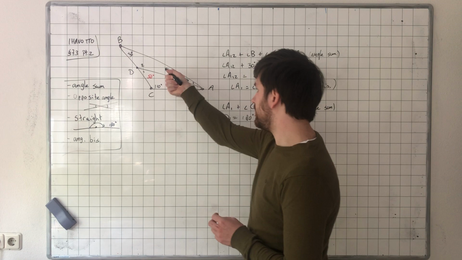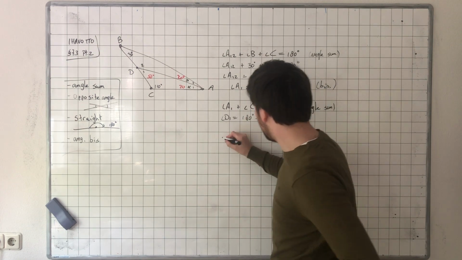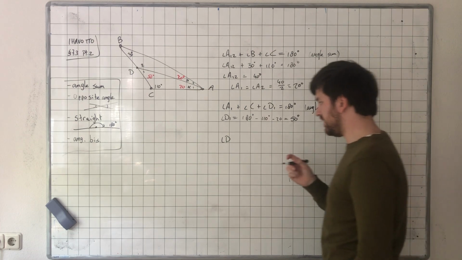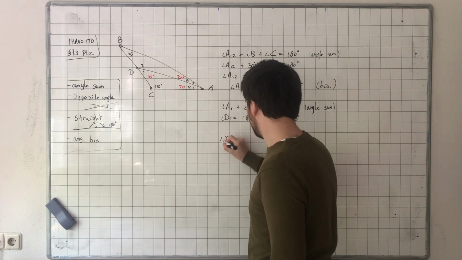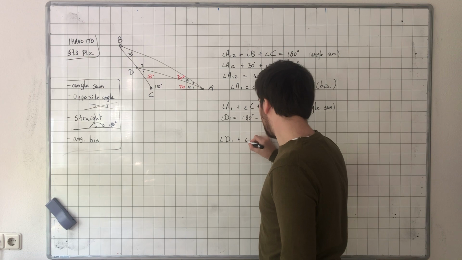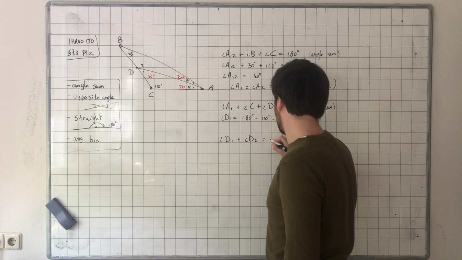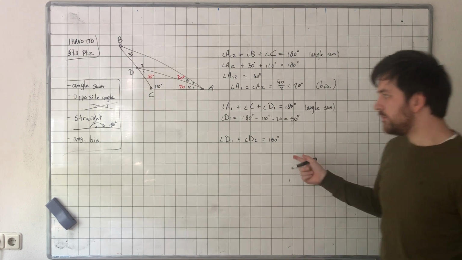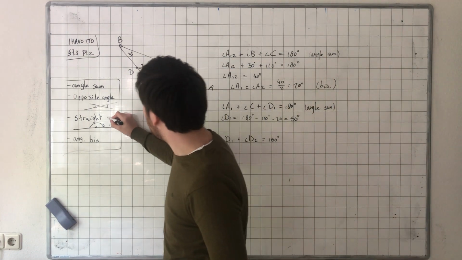Okay, there's one angle left, D2, and I could use the angle sum in the upper triangle, but I'm going to do it in a different way. Angle D1 plus angle D2 is 180 degrees. Why? Remember, in our toolbox we're also having straight angles.